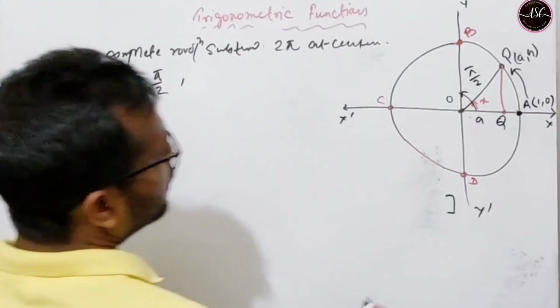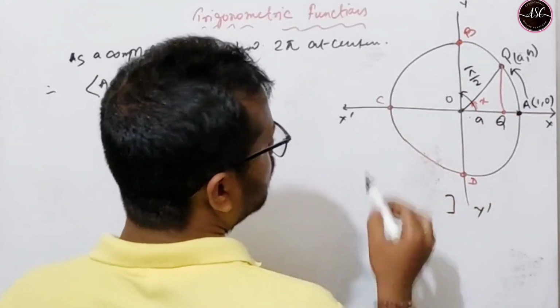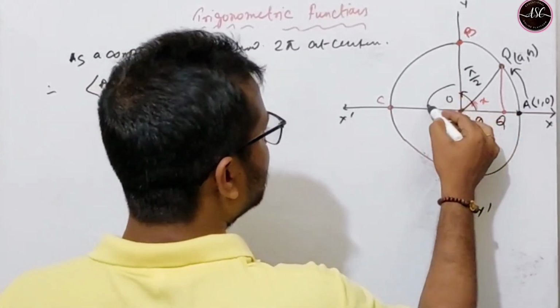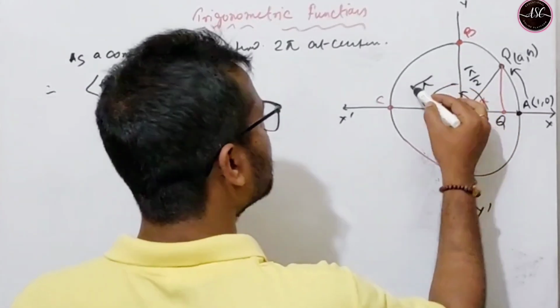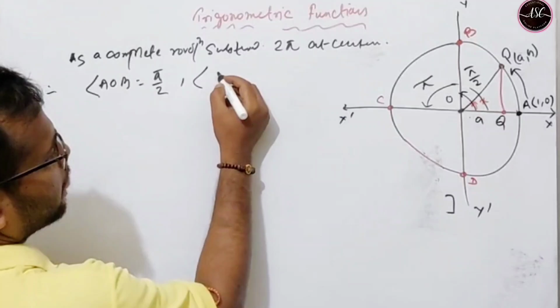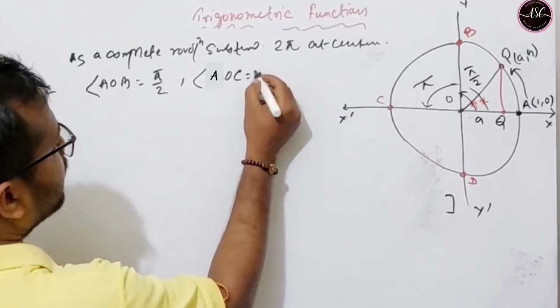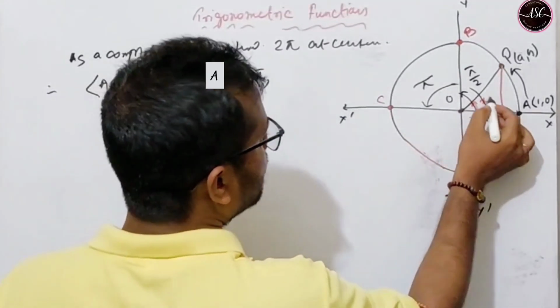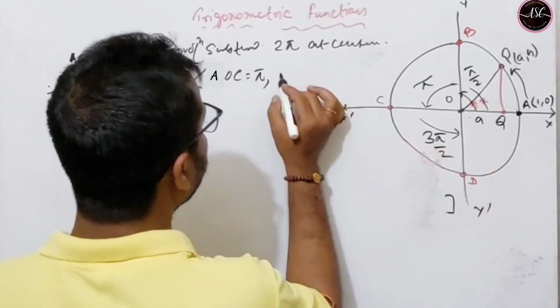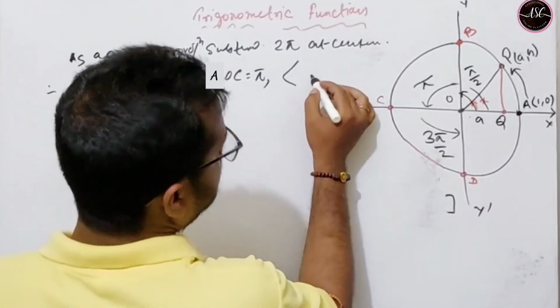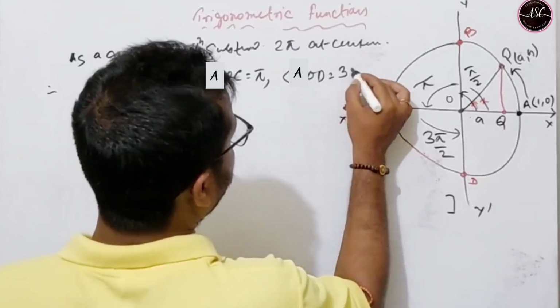And when this comes to OC, the angle will be pi. And the total angle from here to here is equal to 3 pi by 2.